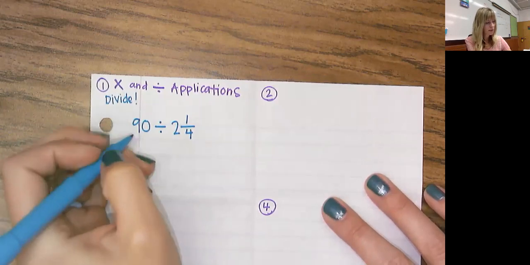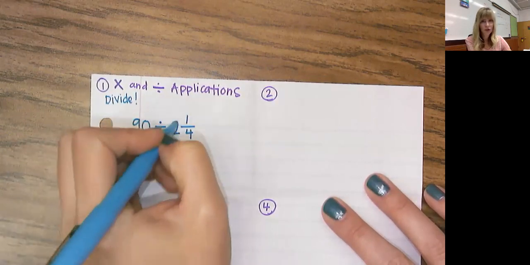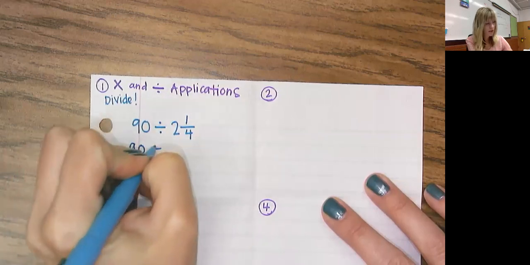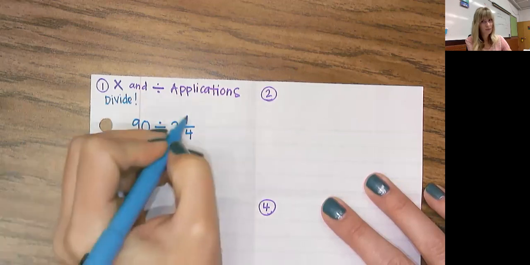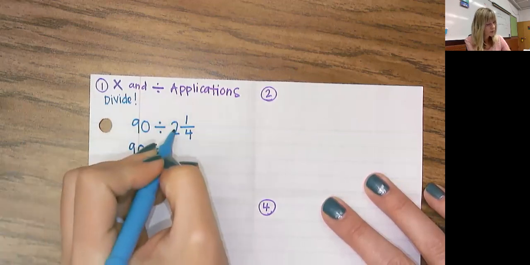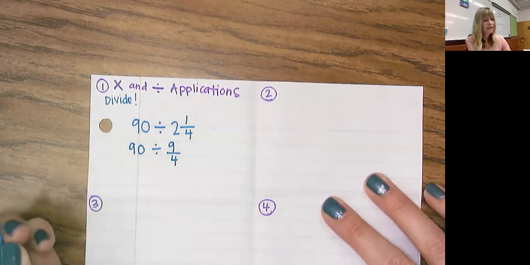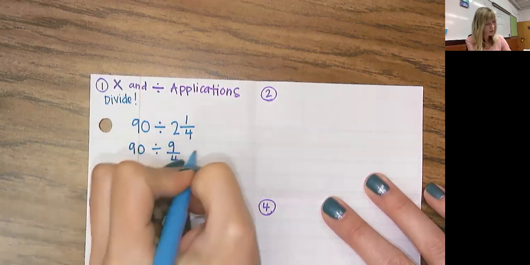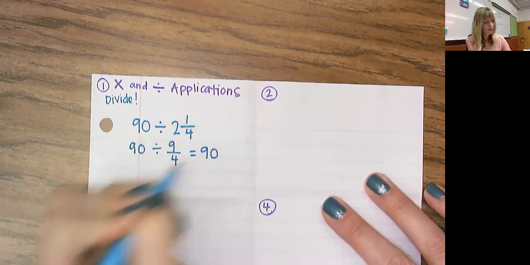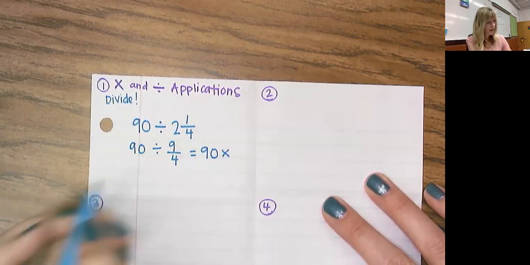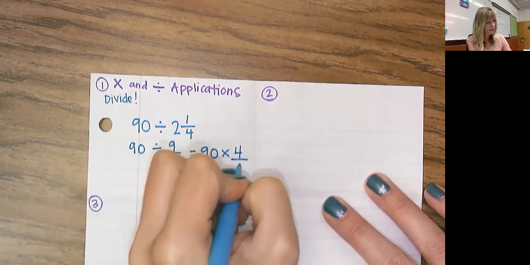So the first thing I'm going to do here is change this to improper. I'm not changing the action yet because I'm just making this improper. So 2 times 4 is 8 plus 1 is 9/4. Now I'm ready to change the action. So I copy the first number, I change division to multiply, and I do the multiplicative inverse.